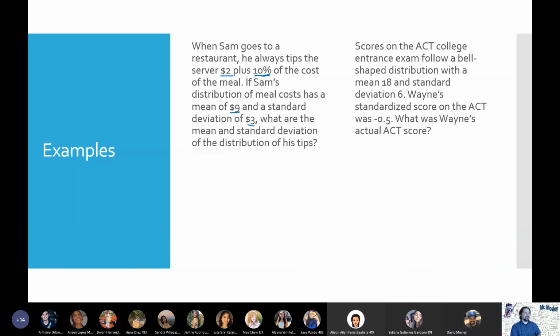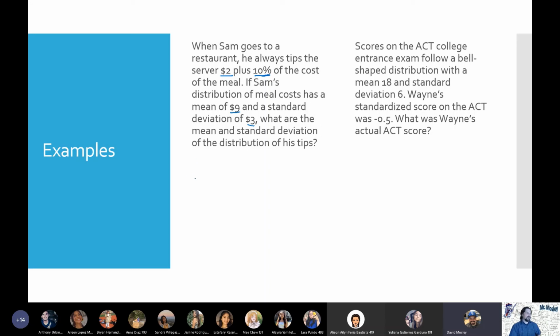So we need to figure out, based on his tipping practice of $2 plus 10%, what is that going to do to the mean and standard deviation?